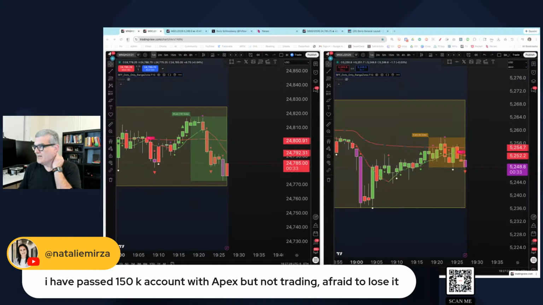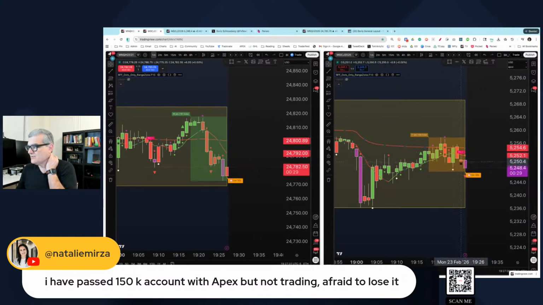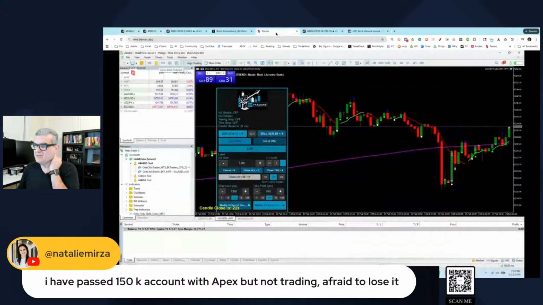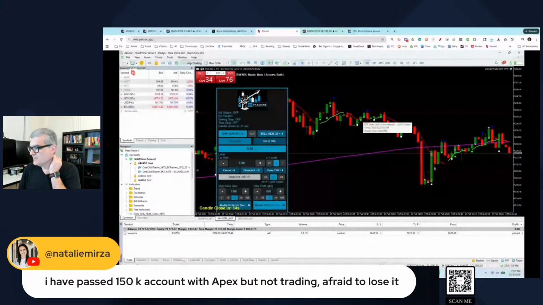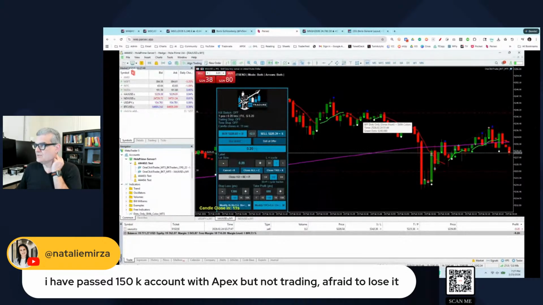We actually have a mild sell signal here on gold, which I missed. I should have taken this. Let's just do a tiny little sell. I'm going to come down a little bit, maybe just to 20, and do a sell here, just small size.